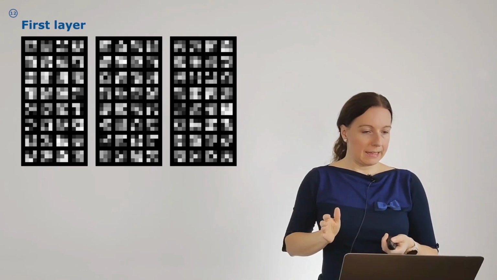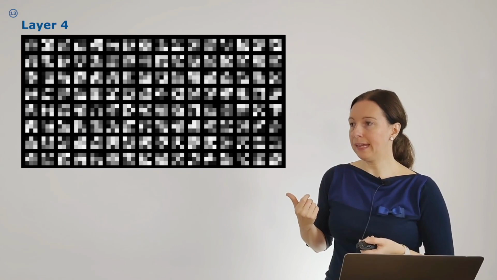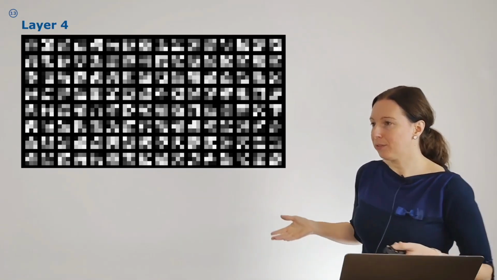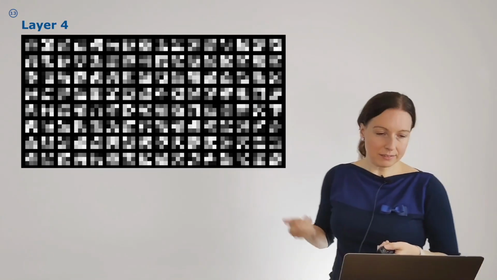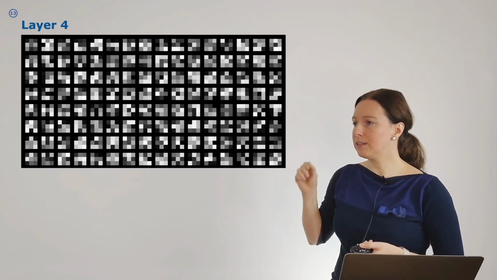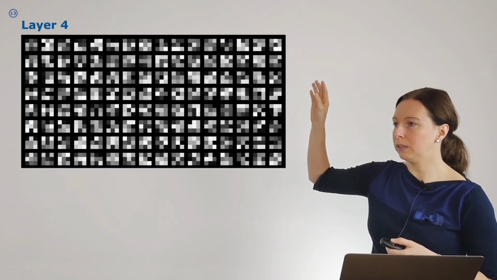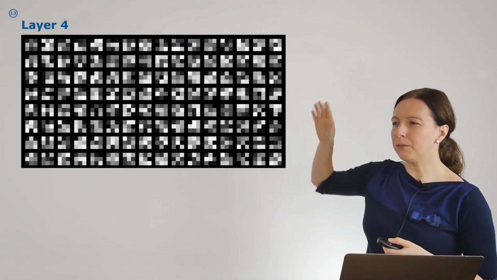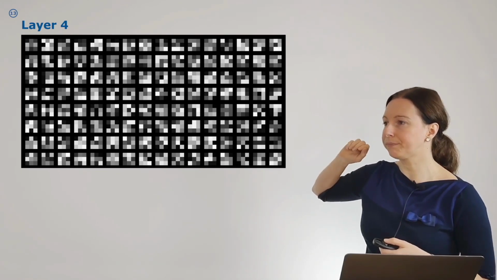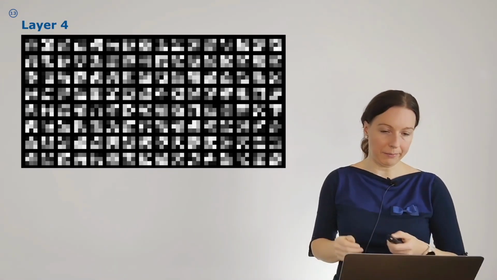If we go deeper in the network, this is the 4th layer, what you can see is quite similar. You have some weights, again 3 × 3, and you can see sometimes more homogeneous features, or, for example, maybe a bit of a checkerboard or a diagonal structure, similar to the 1st layer.